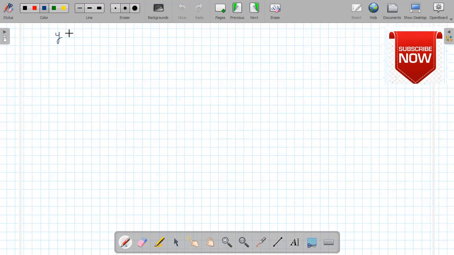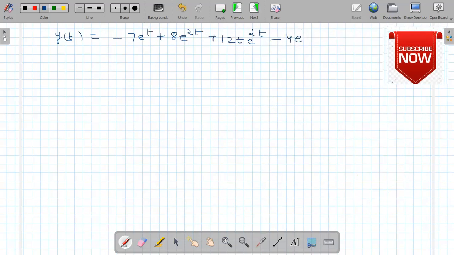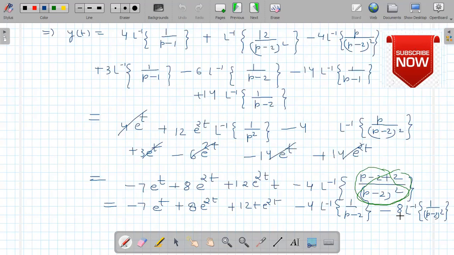Now y(t) is minus 7e^t plus 8e^(2t) plus 12te^(2t), and here minus 4e^(2t), and this is 8 minus 8 into e^(2t), and then Laplace inverse of 1 upon p square, which is t.